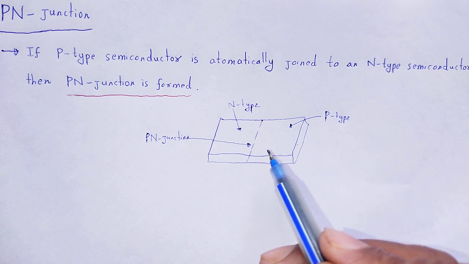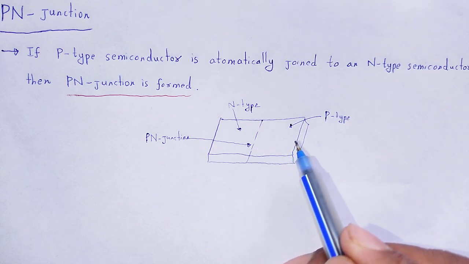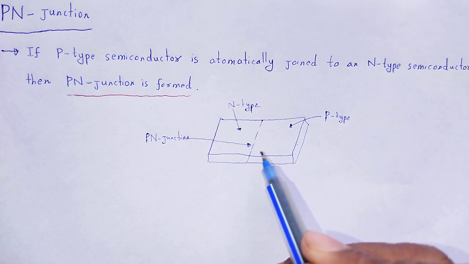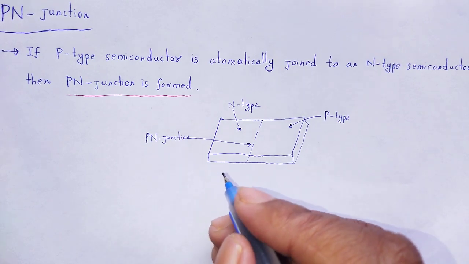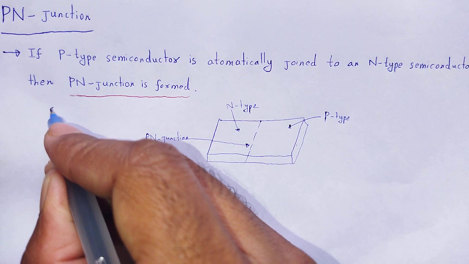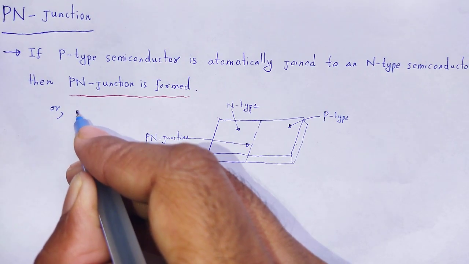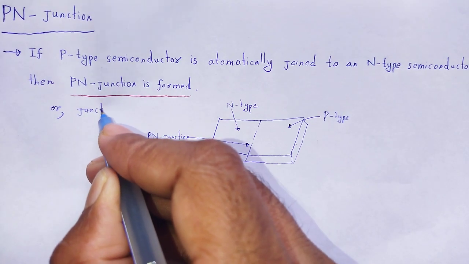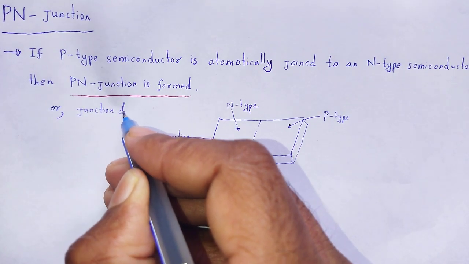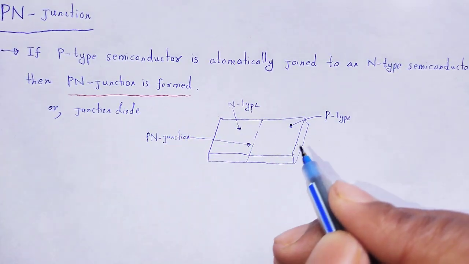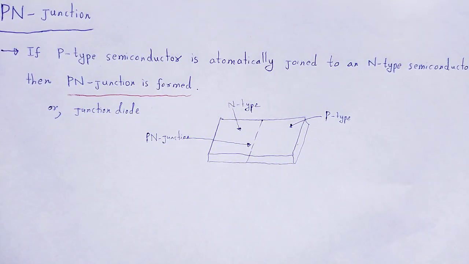And it is a two terminal device, therefore it is further called a junction diode. We call it a PN junction or junction diode, as it is a two terminal device.